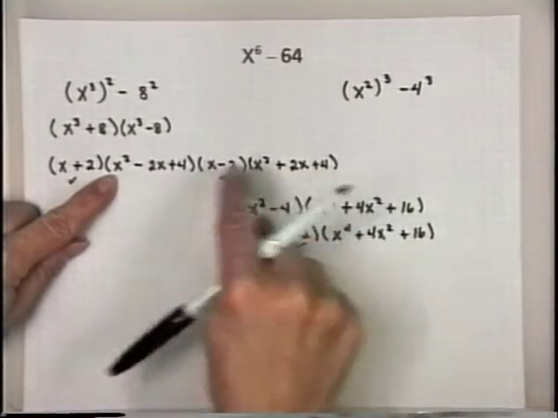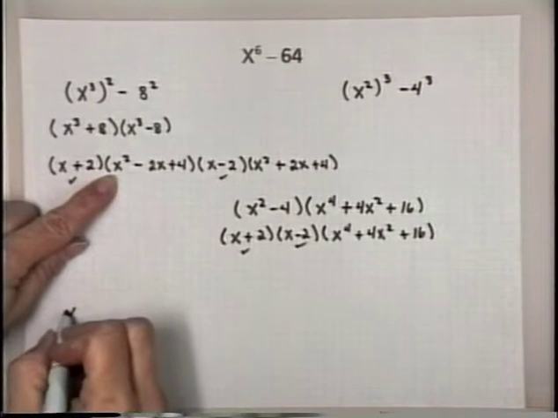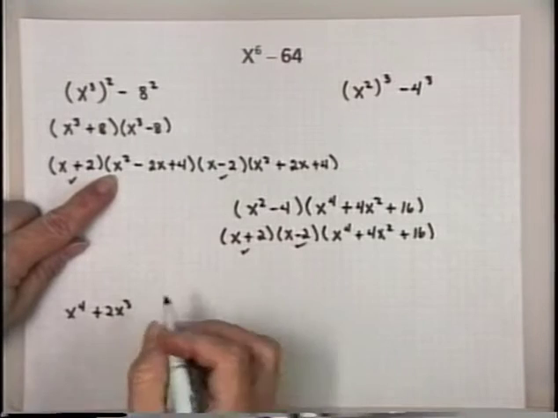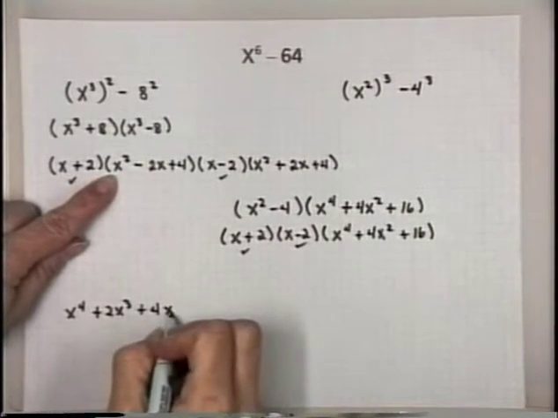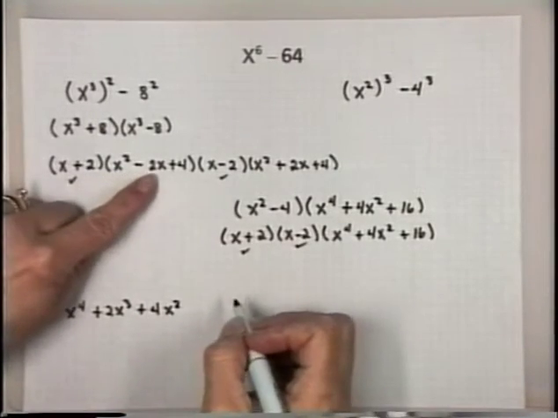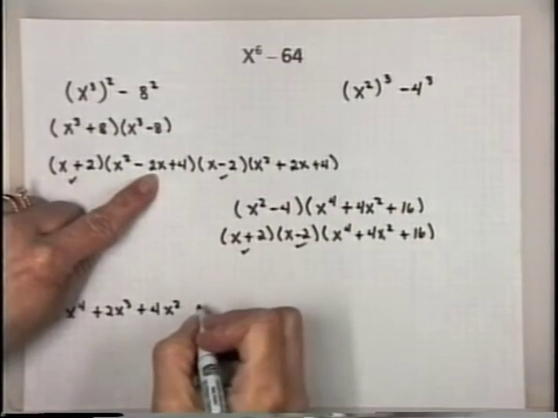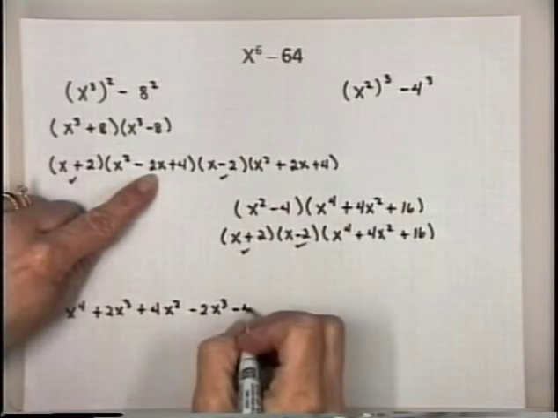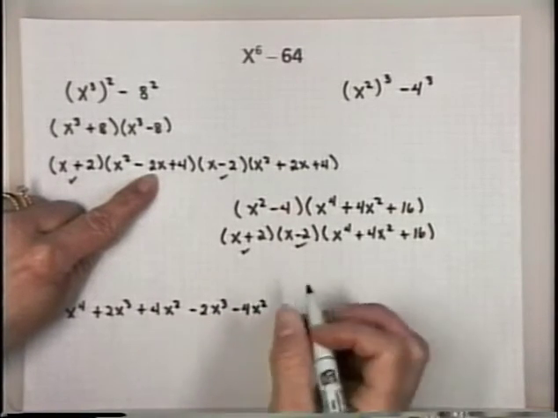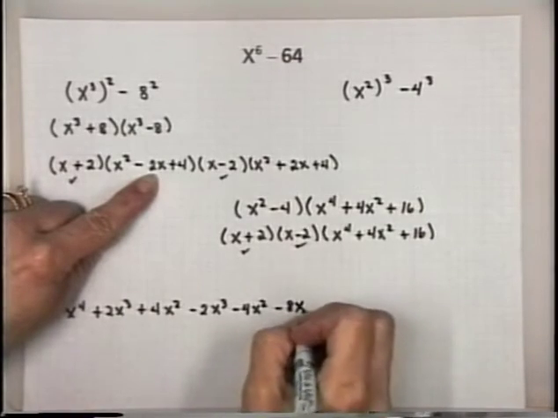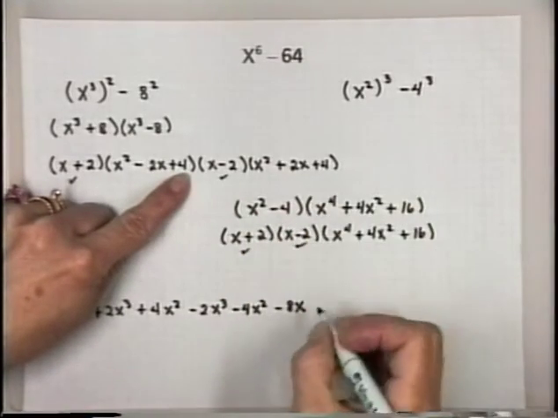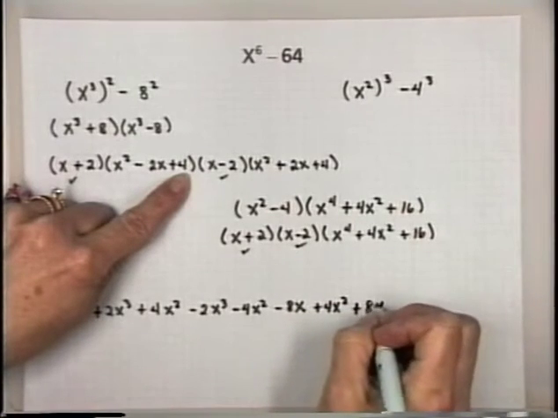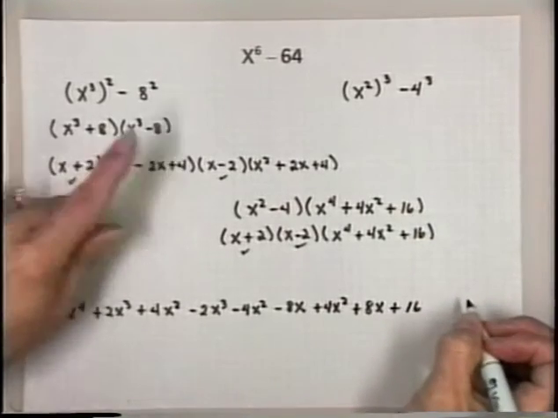Multiplying each of these terms here by x squared, I will have x to the 4th plus 2x cubed plus 4x squared. And then multiplying everything by the negative 2x, I have a negative 2x cubed, a negative 4x squared, and a negative 8x. Then multiplying each term by 4, I have a plus 4x squared plus 8x plus 16.